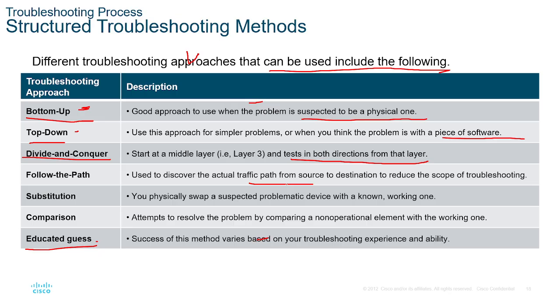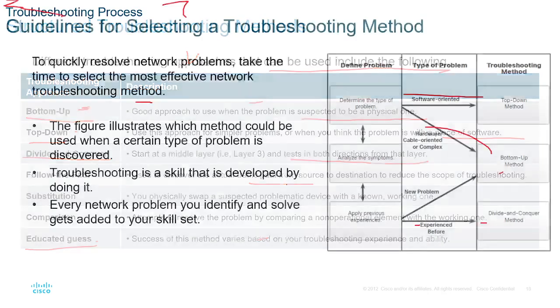So if this one is non-operational and does not work, how is its status compared to this one that works? Educated guess: sometimes it would be based on your troubleshooting experience. After 2 to 3 years with that network, you will have some guesses, like, well, this switch is not working because it is overutilized, you may say that.